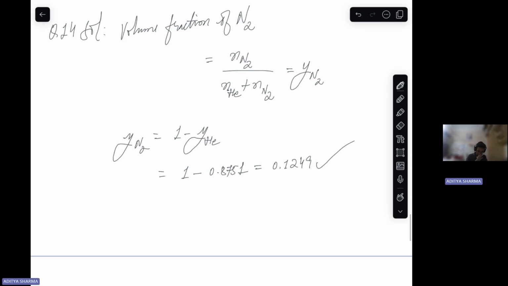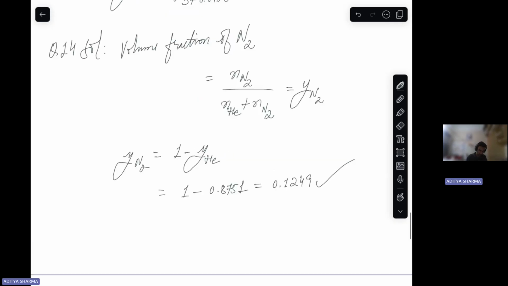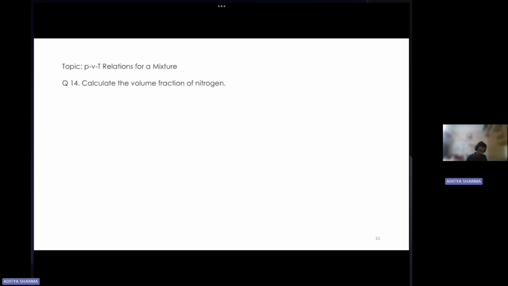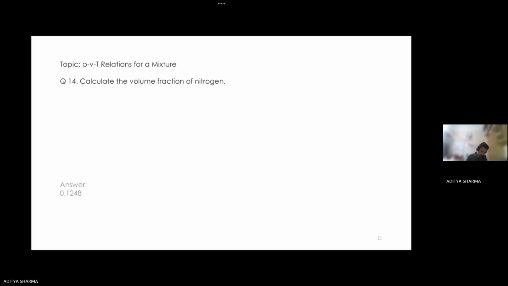That is why it is sometimes known as volumetric analysis. Molar analysis is also known as volumetric analysis because volume fraction also you can calculate. Okay, so this was question number 14. Okay, now moving on to next question.